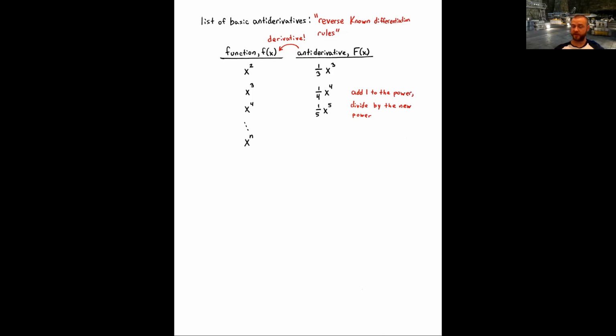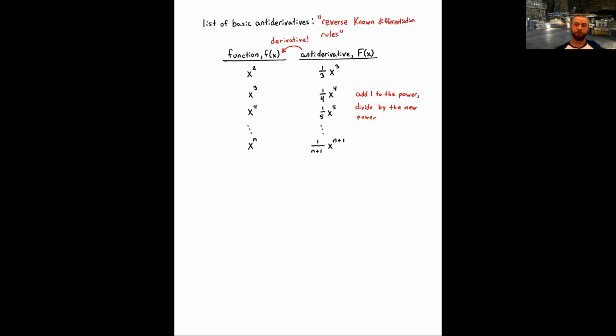All right, going by the examples above, it seems like we should add 1 to the exponent. So if our function has x to the n, our antiderivative should contain x to the n plus 1. And then we should probably divide by the new power, because we've been doing that in the previous two examples.